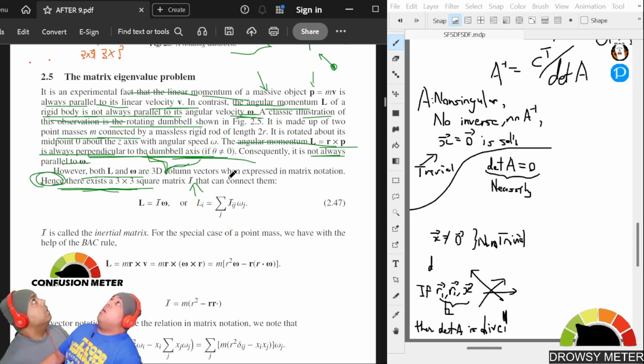L and omega are 3D column vectors when expressed in matrix notation. Hence there is a 3 by 3 matrix I connecting them. I is called the inertial matrix.